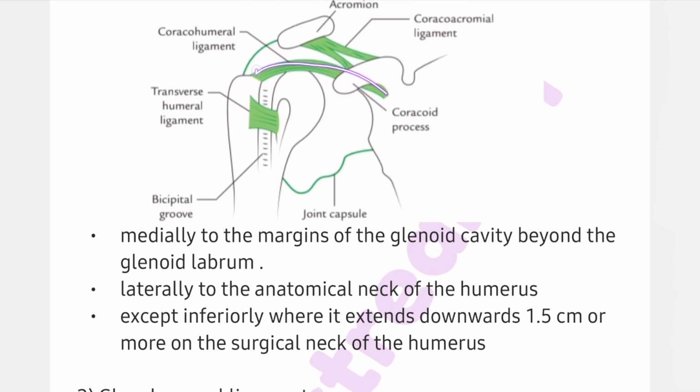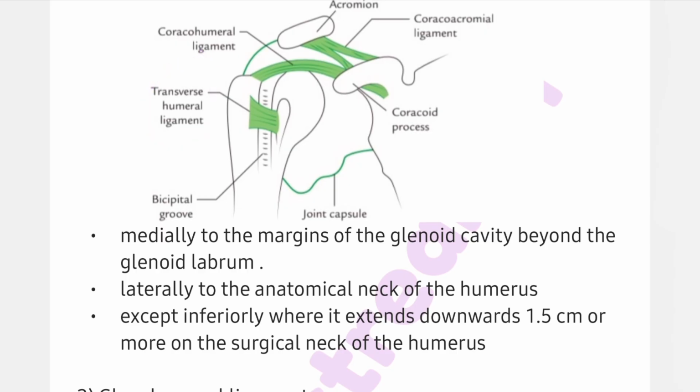So this is coracohumeral ligament. Another ligament is transverse humeral ligament. It bridges the intertubercular sulcus. Through this sulcus, you will have the long tendon of biceps going. So it bridges the sulcus and seals the long head of biceps from coming out. So this is transverse humeral ligament.